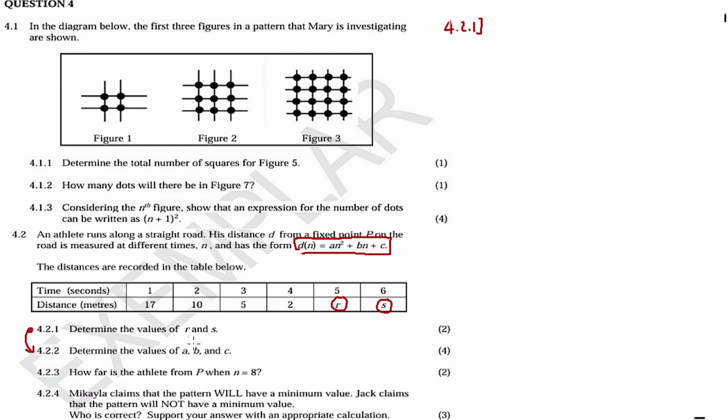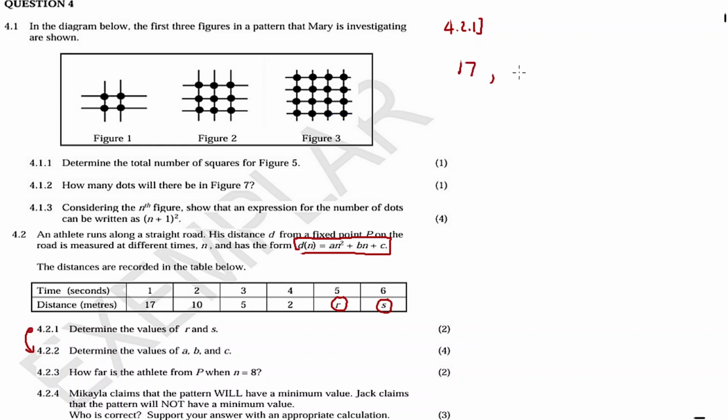They are basically saying find your nth term, get your a, b, c. Then after getting your ABCs, they substitute the 5 and the 6, then they get their R and S. I have nothing against this, you can do that, but here I'm going to show you how you can calculate R and S without the nth term.